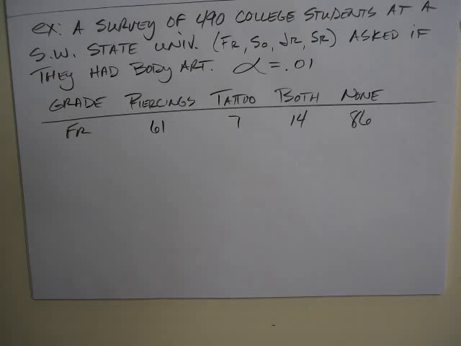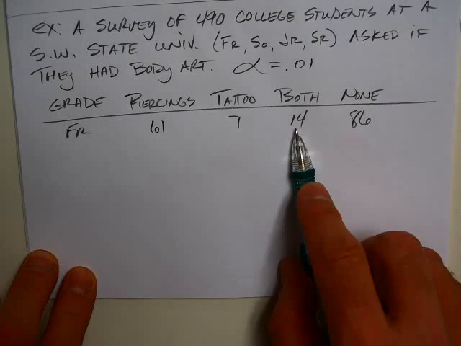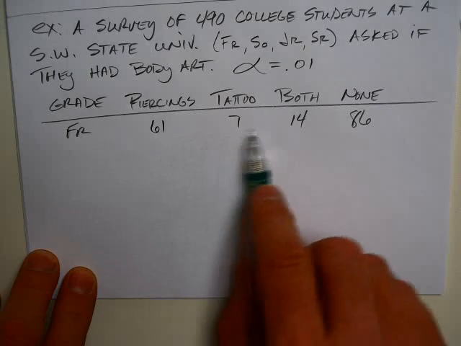Just out of curiosity, we don't need it, but if we were totaling up this row, what would I have to do with these numbers? Is there any overlapping here? So I guess the question is, are the people who have both counted twice?